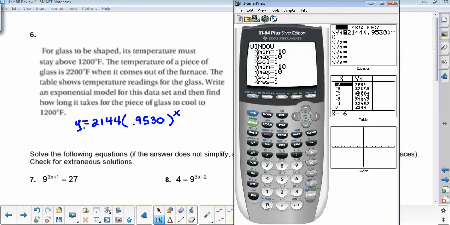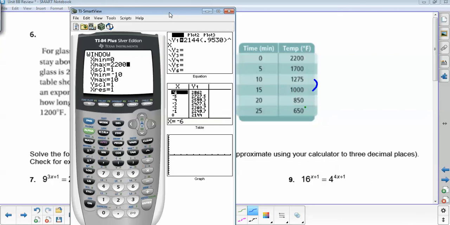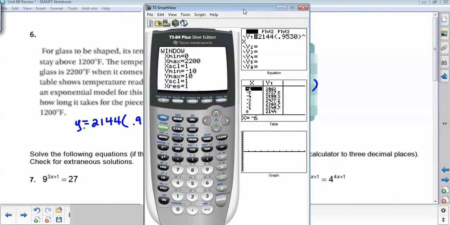So my x goes from 0 to 2200. And let's see, what kind of y's do I have? Oh, no, that's my y's that need to go 0 to 2200. And my x's need to go from 0 to 25.